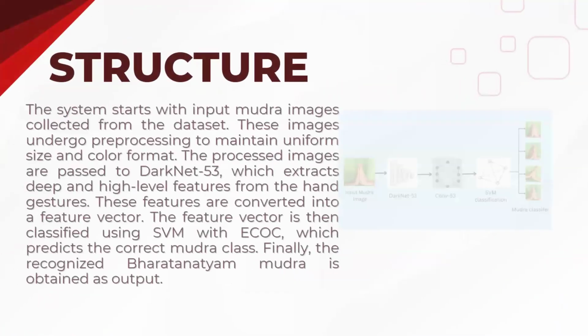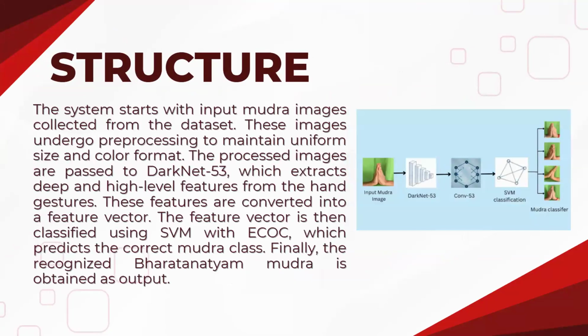Now, for the structure of this model, we have used Darknet 53 and SVM, where Darknet is a powerful CNN that captures complex visual patterns in hand gestures. It helps extract deep and meaningful features that represent each mudra effectively.